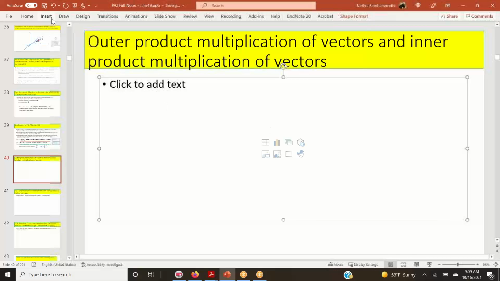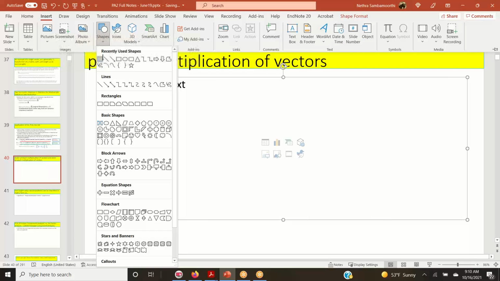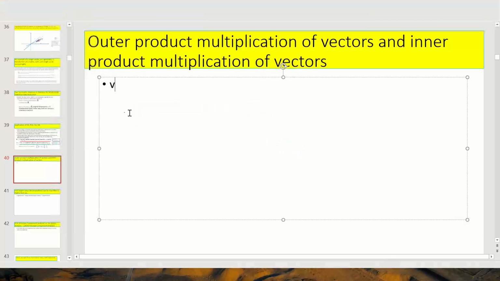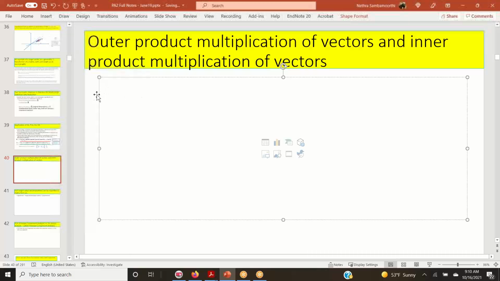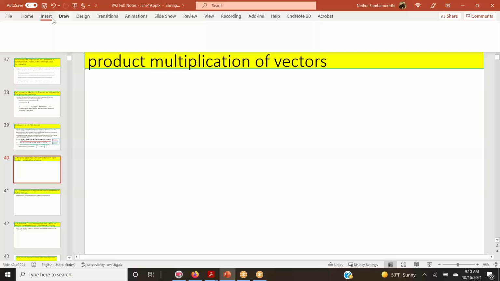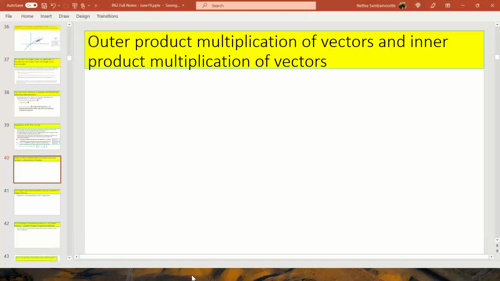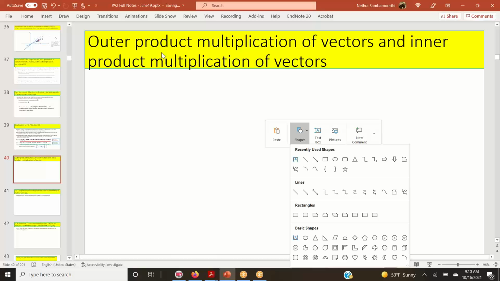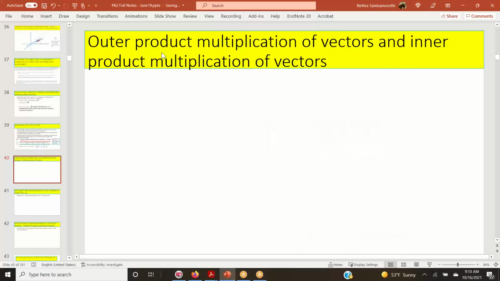One second, I'll write it. I'll put a picture here, how I showed my hands. This is the vector, right? One second. I'm going to use my pen. I can use my pen here also.